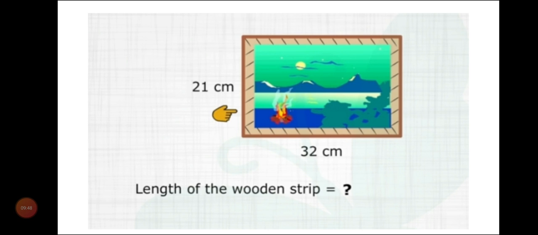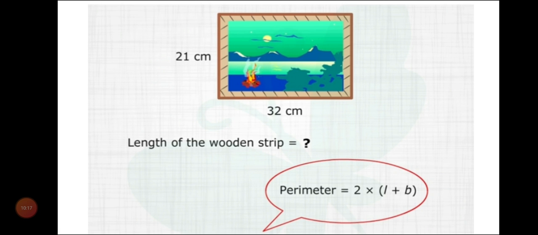As you can see in this figure, the brown part is the wooden frame, the wooden strip, which we are using to make the frame of this picture, right? And as you know, to make a frame, we put it on the boundary only. That means the length of the wooden strip will be obtained by finding out the perimeter of this photograph.